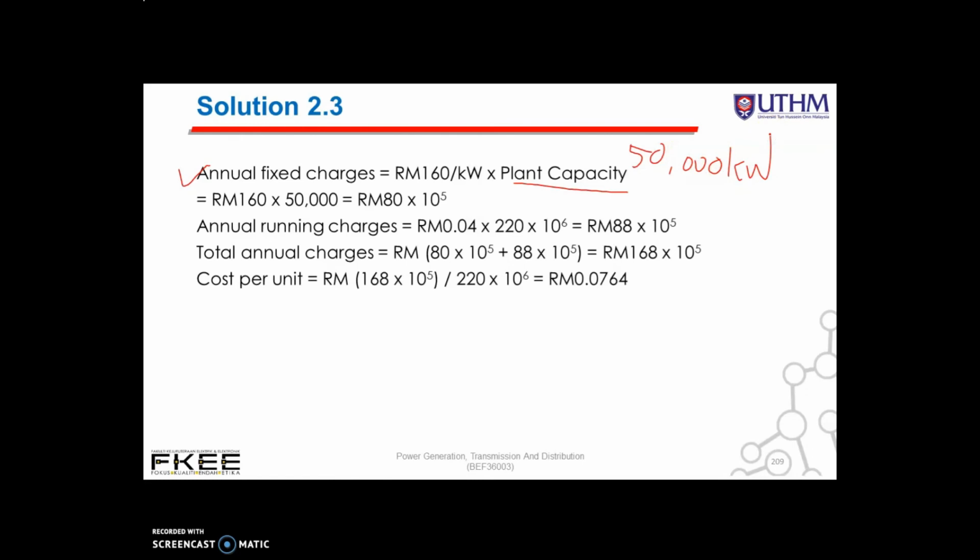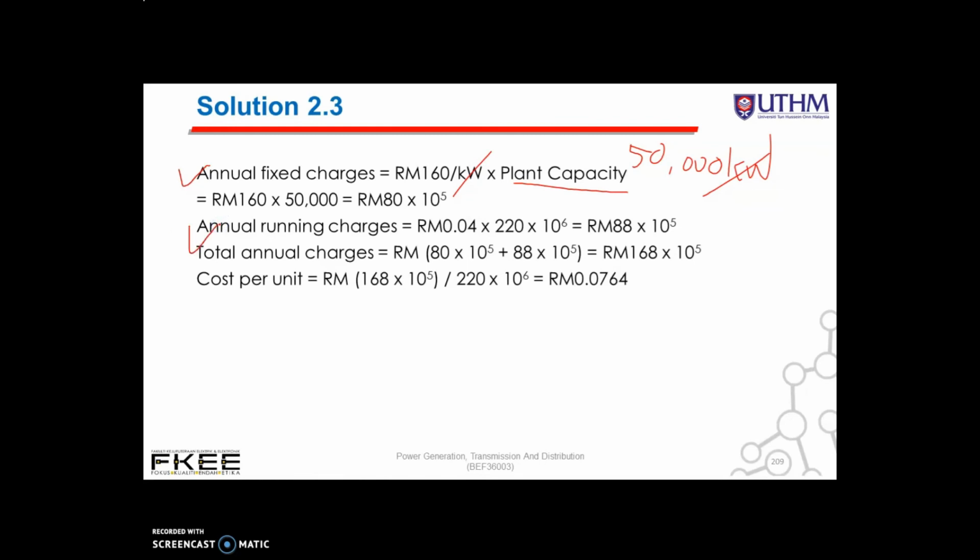So you just cancel out here, then RM 160 times 50,000, so you get RM 80 times 10 to the power of 5. Then you have to calculate the annual running charges.